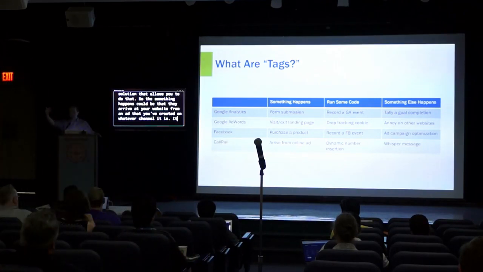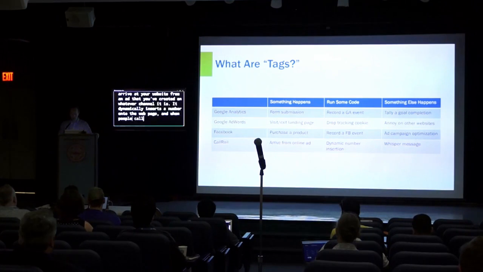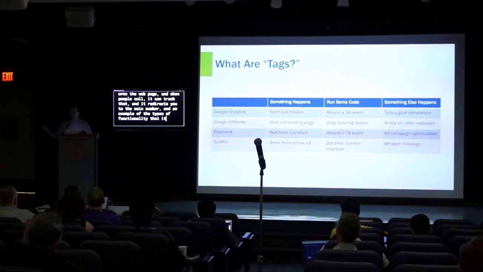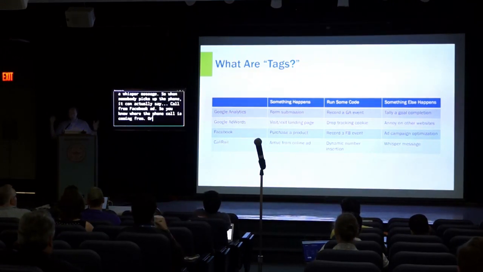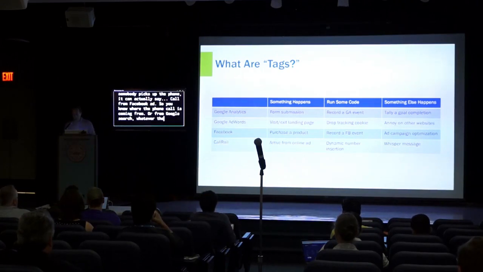It dynamically inserts a number onto the web page, and when people call, it can track that and it redirects you to the main number. An example of the types of functionality that it supports is something called a whisper message. So when somebody picks up the phone, it can actually say, call from Facebook ad. So you know where the phone call is coming from, or from Google search, whatever the case may be.